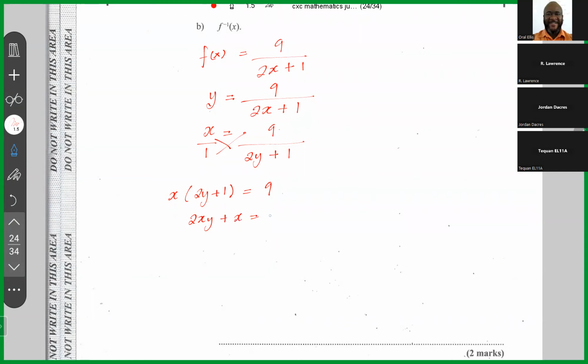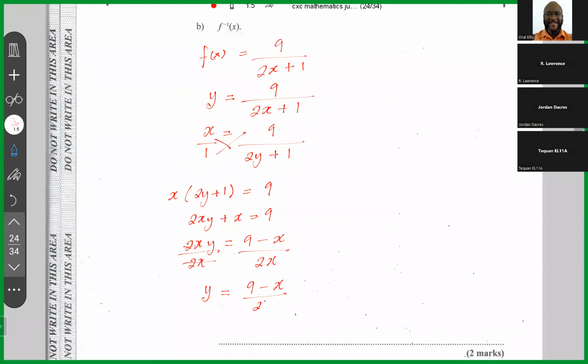We're at step 3. At step 3, we're trying to make y the subject. Next, I'm going to divide both sides by 2x. 2x cancels 2x. On the left, I'm left with y, and that's equal to 9 minus x over 2x.